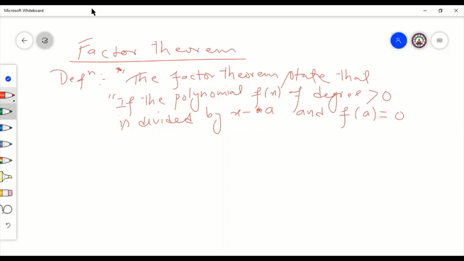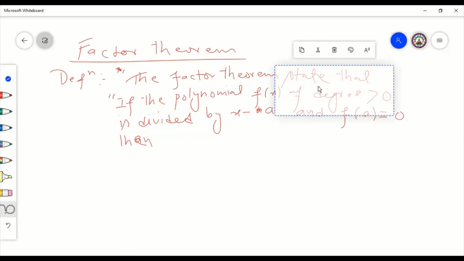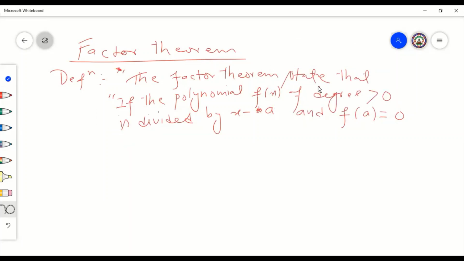If f(a) equals 0, then x minus a is a factor of the polynomial f(x), a factor of f(x).